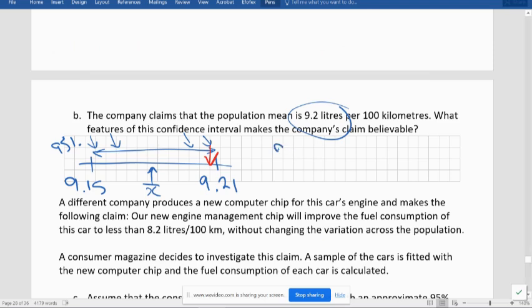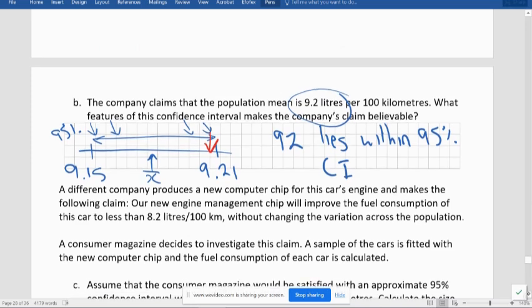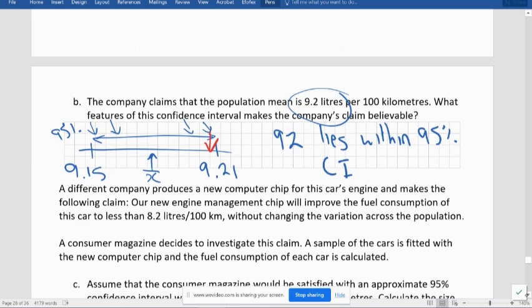You just need to say what makes it believable. 9.2 lies within the 95% confidence interval. Doesn't make it true though, but it does help their argument. If these questions are a bit strange, if they said it was 9.3, then we can go, you guys are lying.